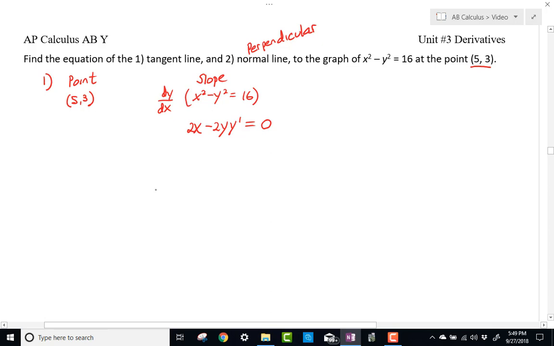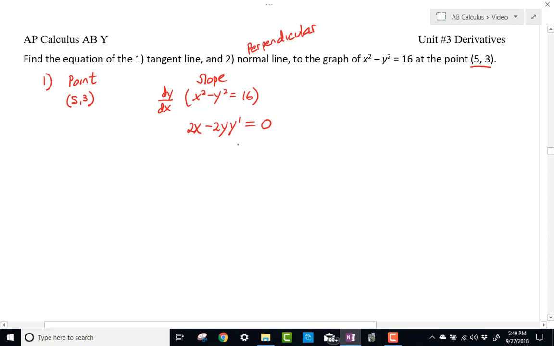Now, in order for me to find the slope, I've got a couple of choices here. I have my point, and usually after we take the derivative, we plug in our x value to find the slope. Well, you'll notice my equation right now has x's and y's in it, so I need both parts of the point, the x and the y, to plug in here.